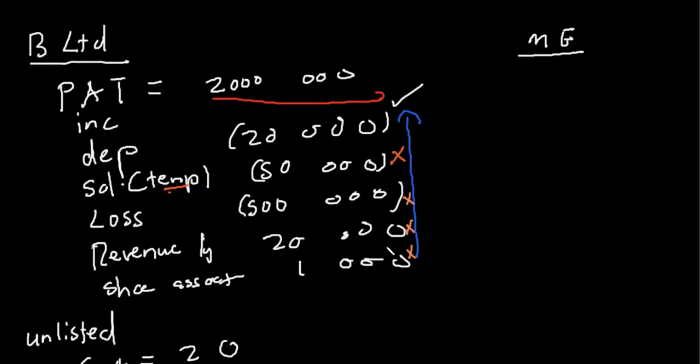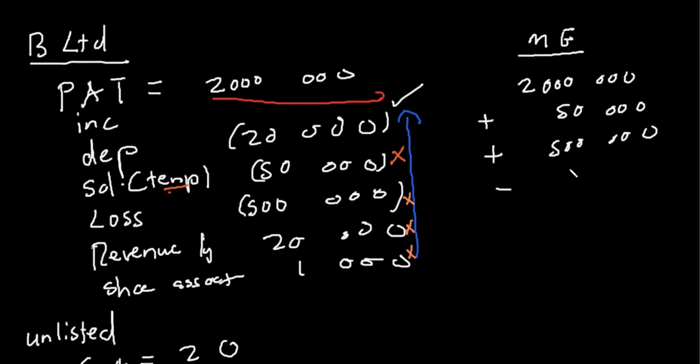So therefore, in this case, our maintainable earnings will have to be the 2 million, right? Then we have to add back the salaries of 50,000. We have to add back the loss of 500,000.